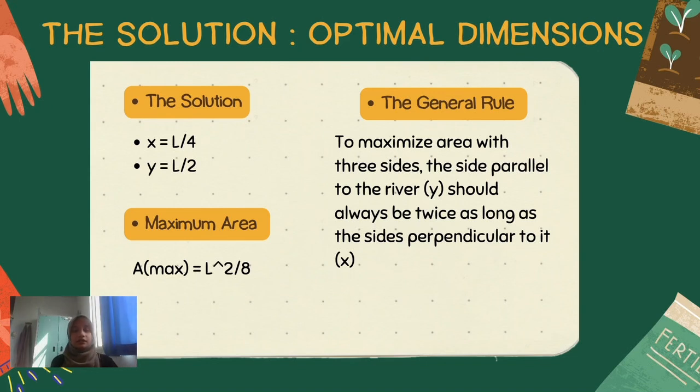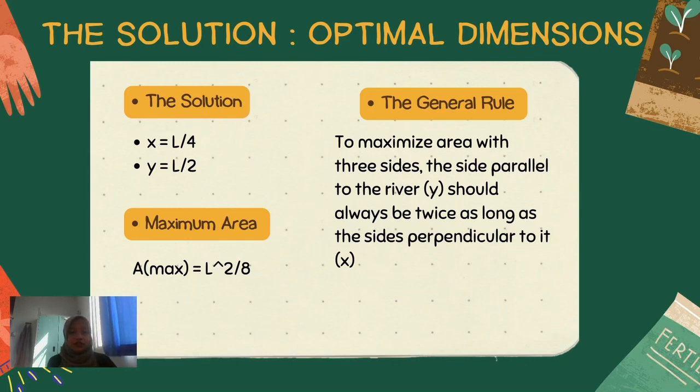The next slide is the solution, optimal dimensions. So now let's look at the solution for this problem. From our optimization results, we found that the optimal dimensions depend on the total fencing length, which is L, and specifically the width, which is perpendicular to the river, is equal to L over 4, and the length, which is parallel to the river, is equal to L over 2. This means the side along the river is always twice as long as the sides perpendicular to it.